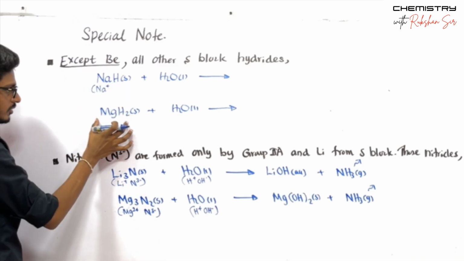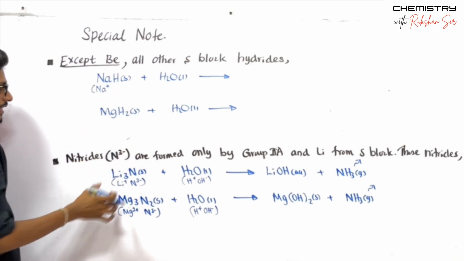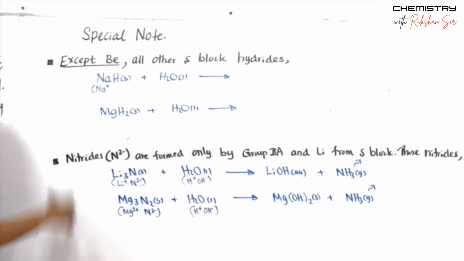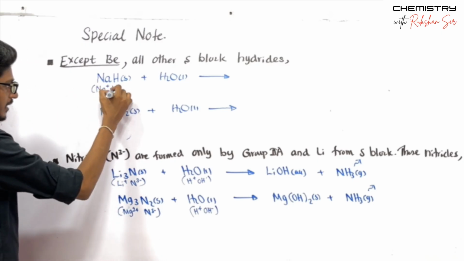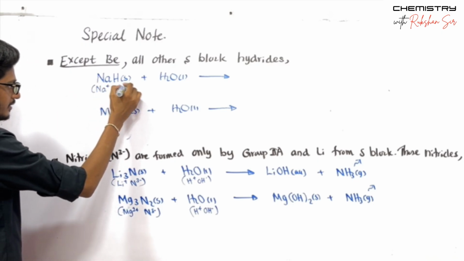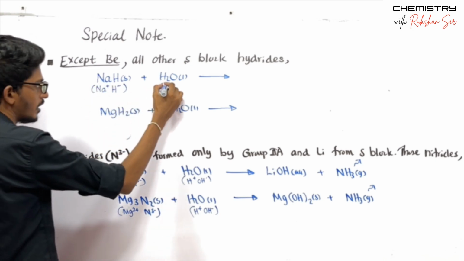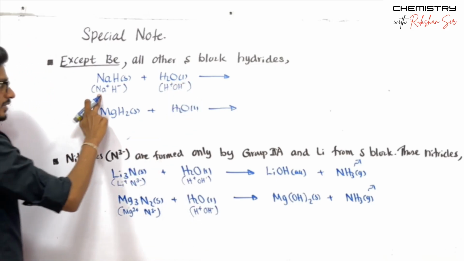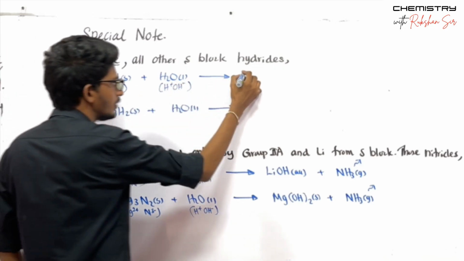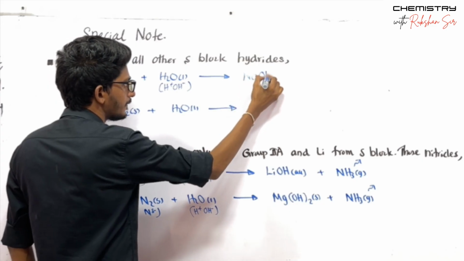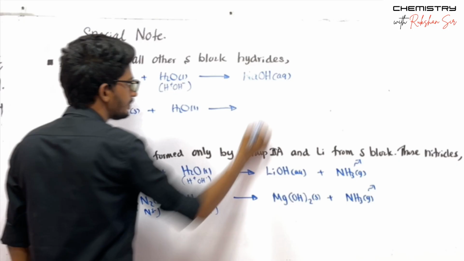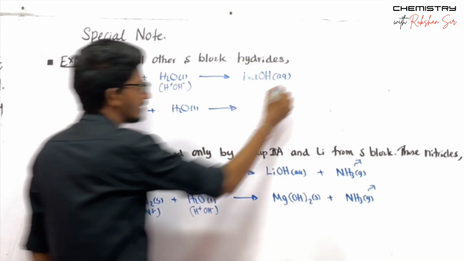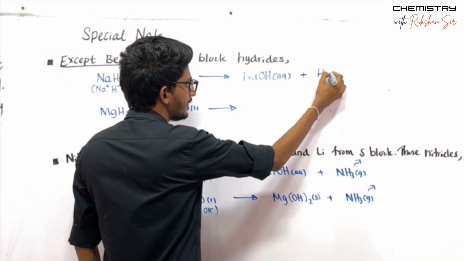When S-block compounds react with others, with water as well as acids, ion exchanges occur. You have Na plus and H minus, the two ions. Here you have H plus and the OH minus. Exchange the ions. Na plus coming up with the OH minus, so that is NaOH. H plus coming up with H minus, that will give you H2 gas.